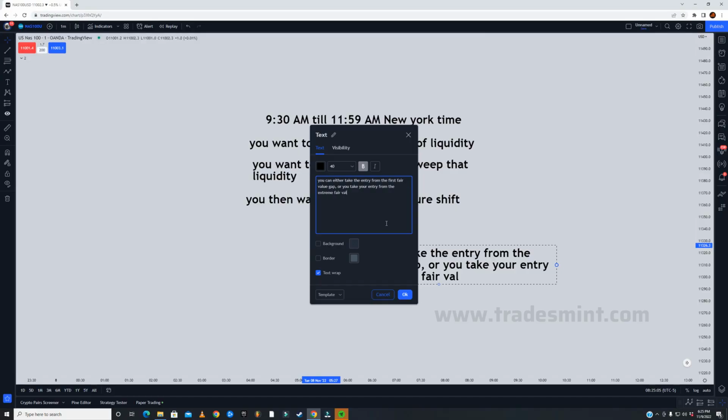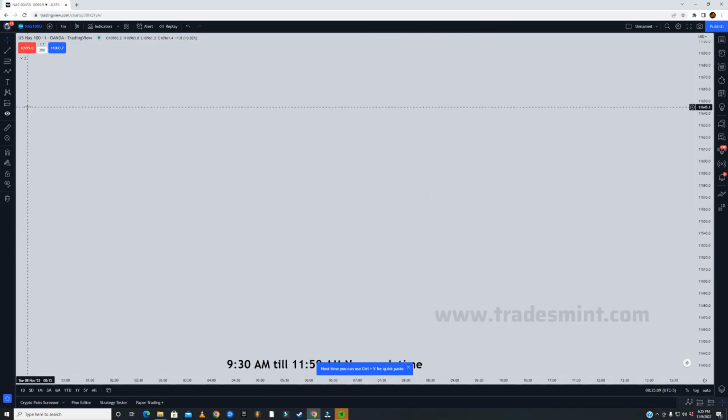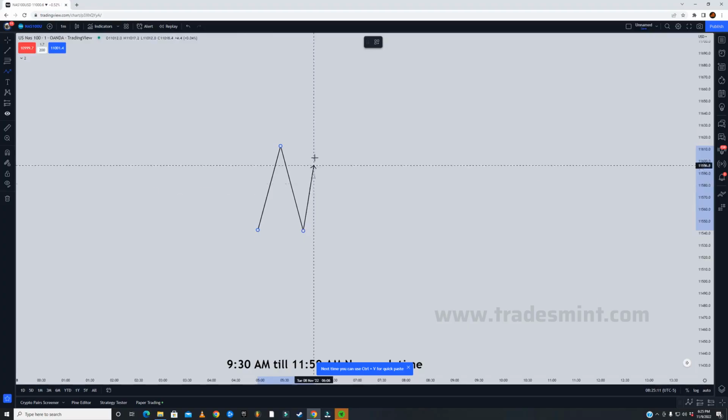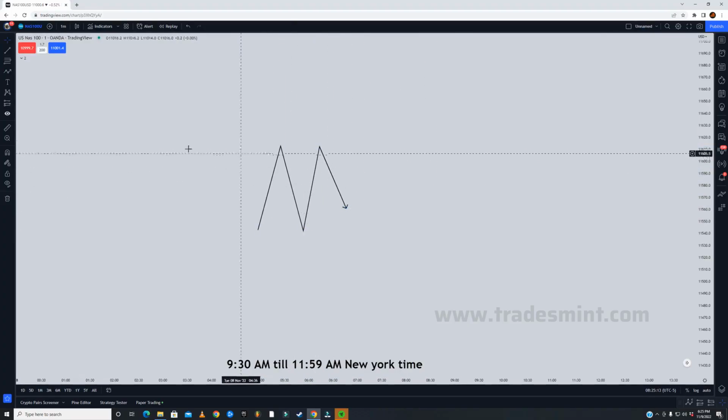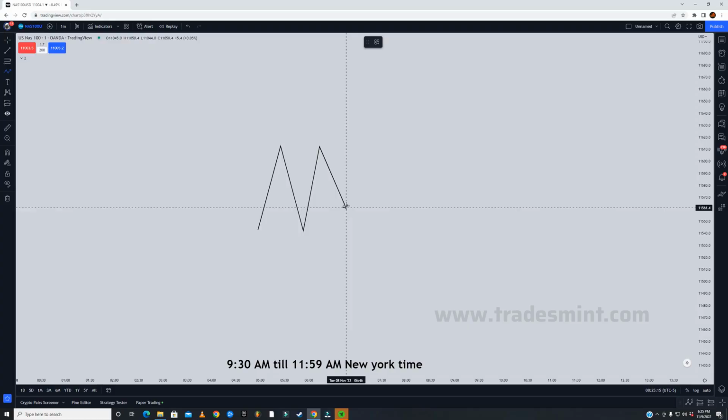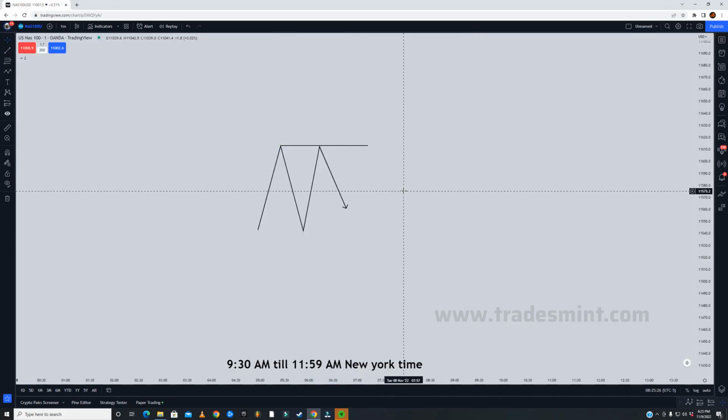So what I mean by that is, let's say this is liquidity. This is the 9:30 open, where the 9:30 time starts from here, and you have this liquidity zone, equal highs, day high.